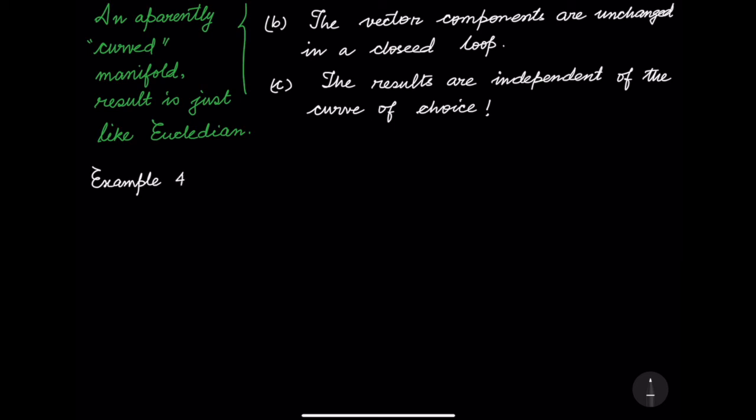Now let us find an example, and obviously this example will break all these. That's why this example is there, and it's just one step off from the cylinder. This is the 2D surface of a sphere. Not talking about the inside of the sphere, only the surface.